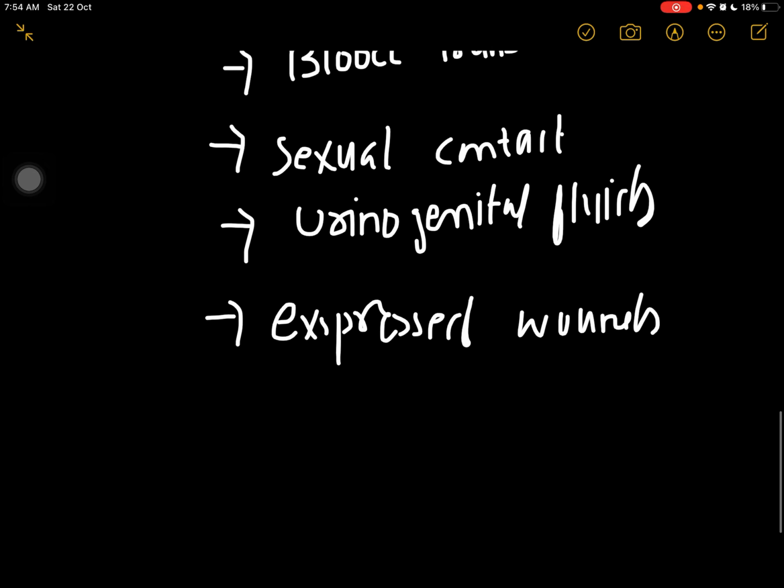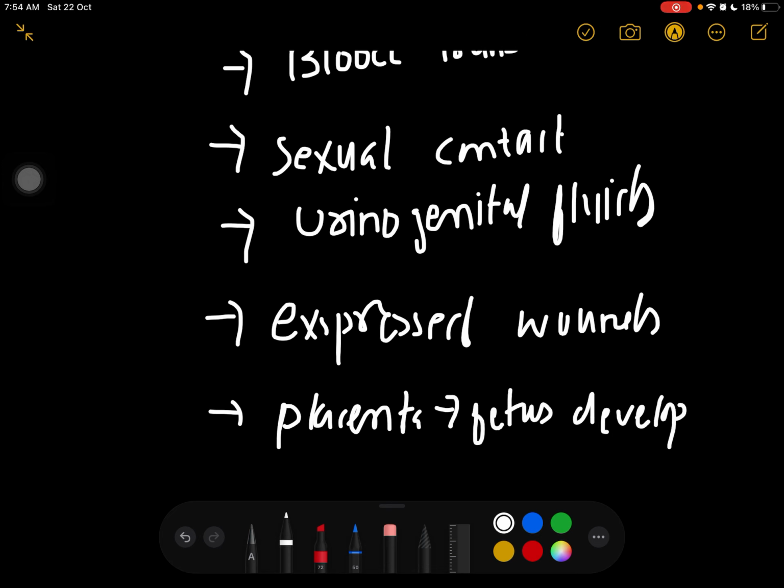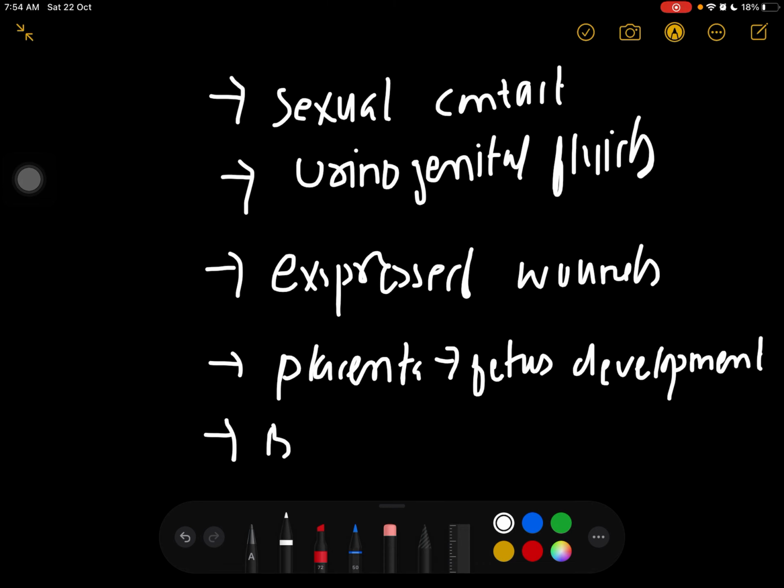Another is through the placenta, which helps in fetus development. And moreover, breastfeeding: if a mother has HIV, she should not breastfeed, because the HIV will then transmit to her child.